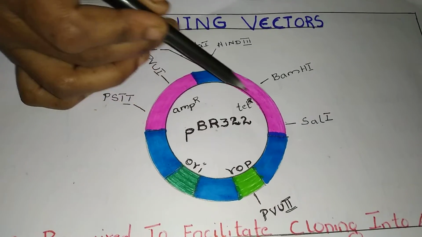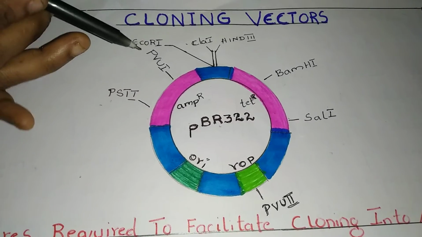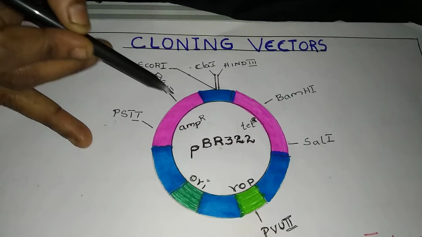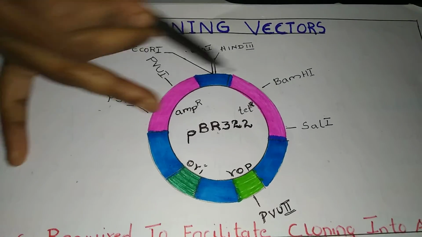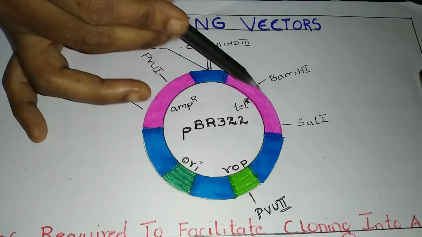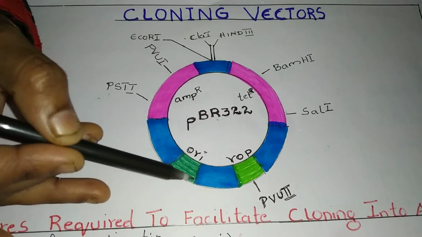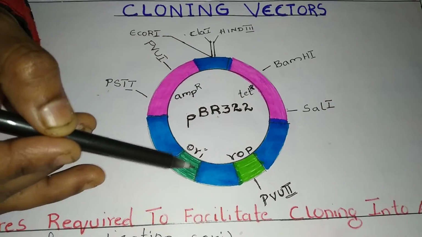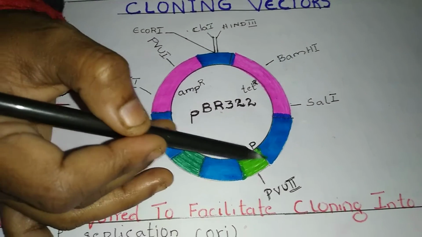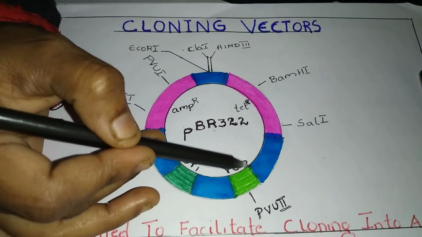Now coming to the structure of this plasmid, here we can see the restriction sites. All these, like EcoRI, PvuI, PstI, BamHI, SalI, PvuII, are called restriction sites. And this is called ORI, that is origin of replication. And this is called ROP, the gene sequence which is responsible for the production of proteins which are required for the process of replication.